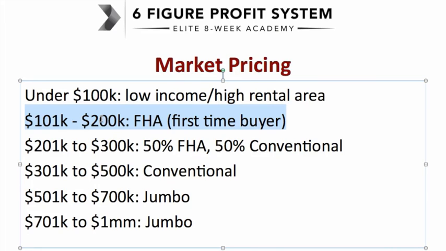Then you get to the 500 to 700. Now you're getting into upper middle class, lower upper class, right? In the 500 to 700, you're talking more established families, definitely not first-time buyers anymore, higher income earning people. And these are jumbo buyers, meaning they have to get a special type of loan to buy these because it's over the conventional limit.